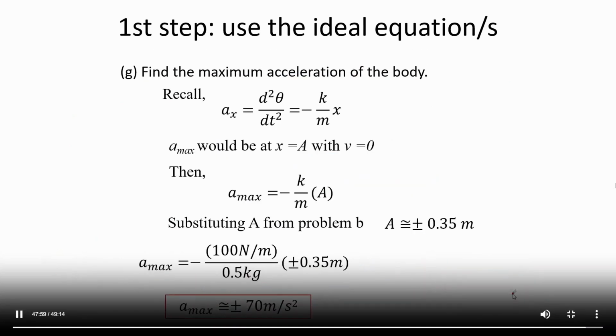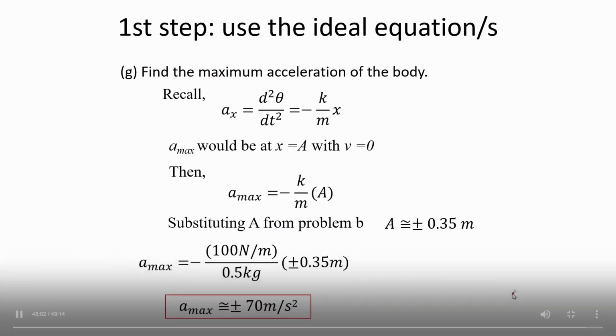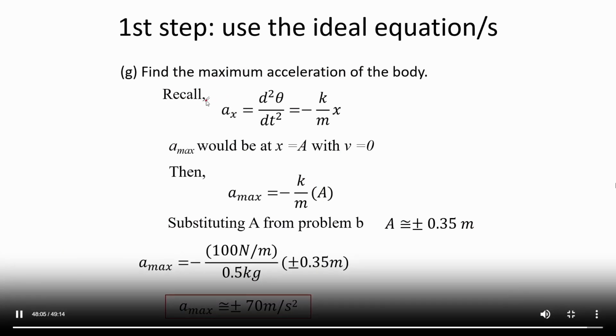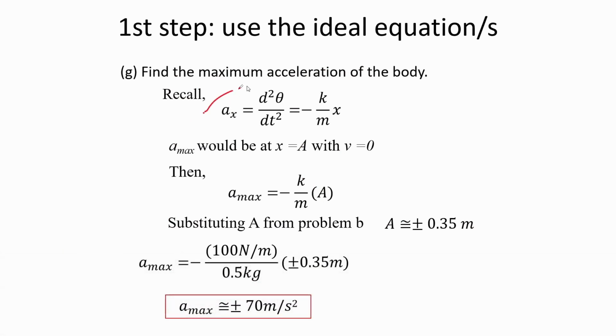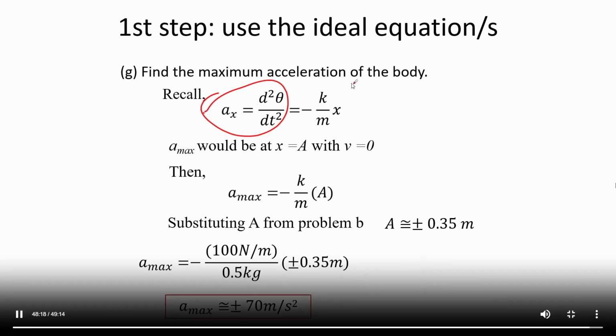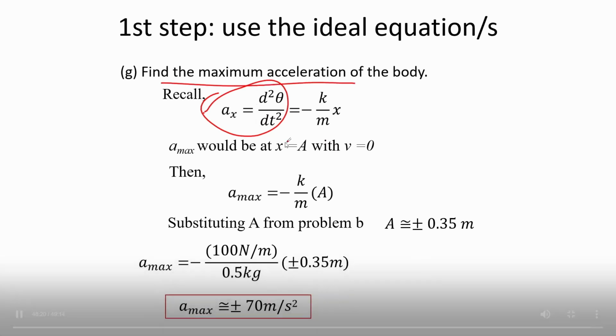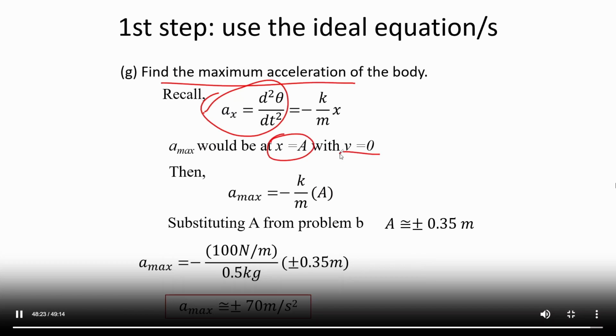Letter G, find the maximum acceleration of the body. Recall that a sub x is equal to the second derivative of x with respect to t, which is equal to negative k over m times x. The maximum acceleration would be at x equal to A, where v is 0.